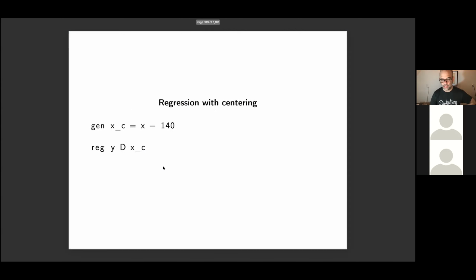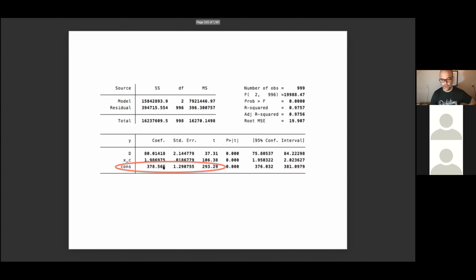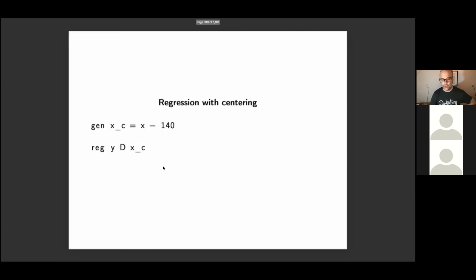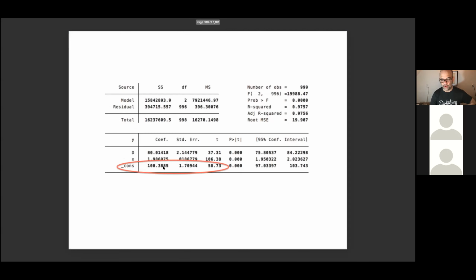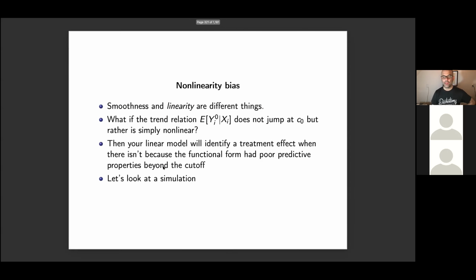Look, constant has changed, but none of the other coefficients are different. Okay, so recentering is easy, very common, and it can help with interpretation in a regression model. All right.